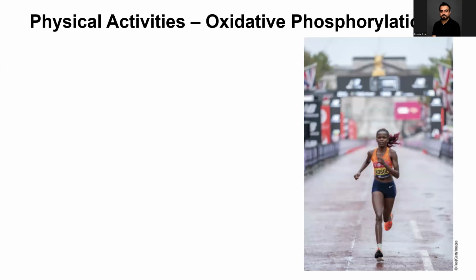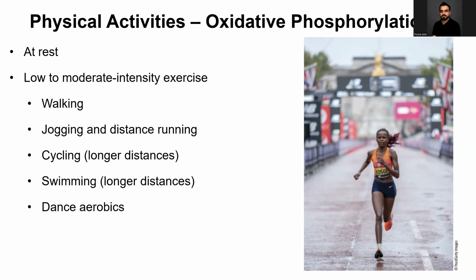All right, let's talk about physical activities and oxidative phosphorylation. At rest, we predominantly use oxidative phosphorylation. In low to moderate intensity exercise, we use oxidative phosphorylation. Recall the two energy systems that we talked about, the creatine phosphate and the glycolysis energy system.